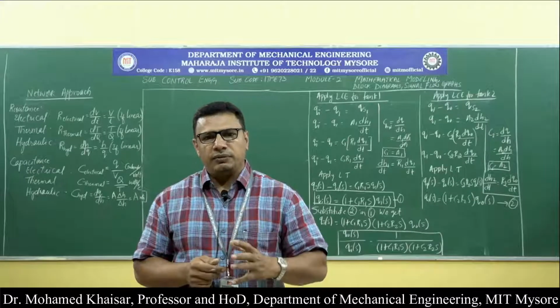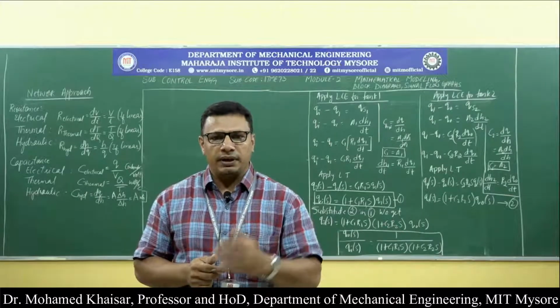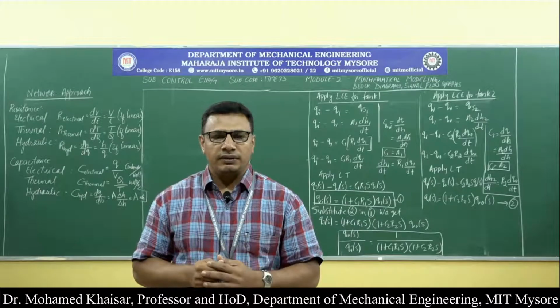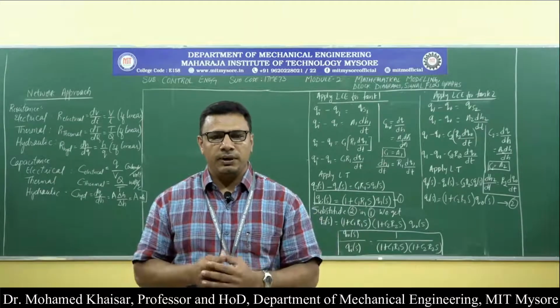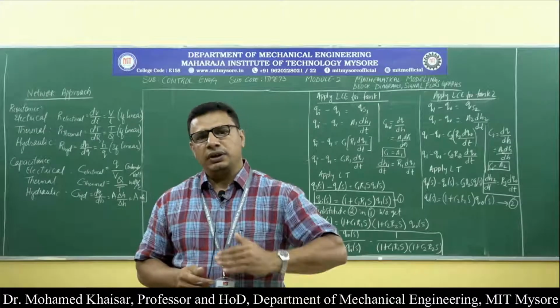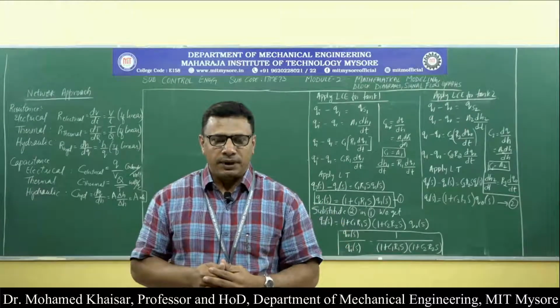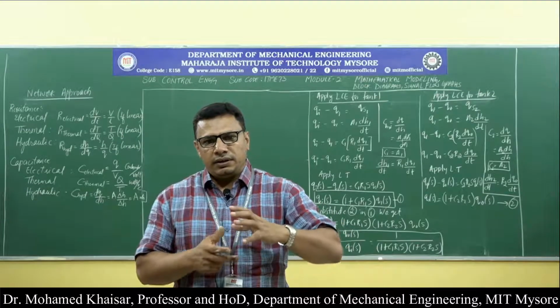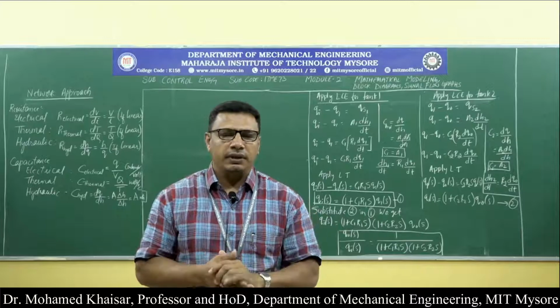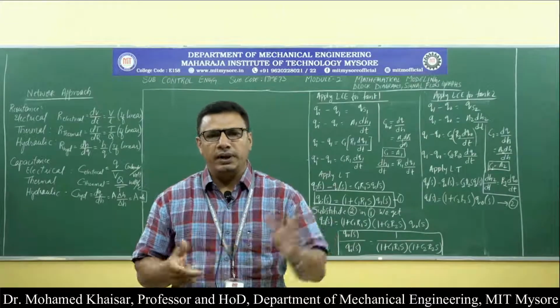But as the system starts getting complicated, as more elements get involved and as the order of the equation starts going up, the derivation of the mathematical model becomes very lengthy.